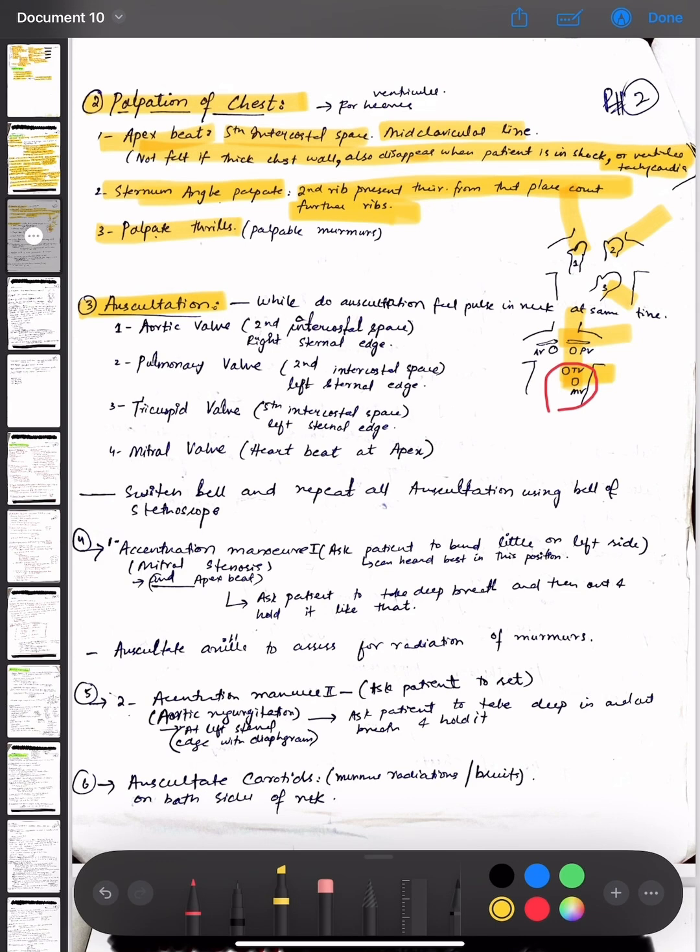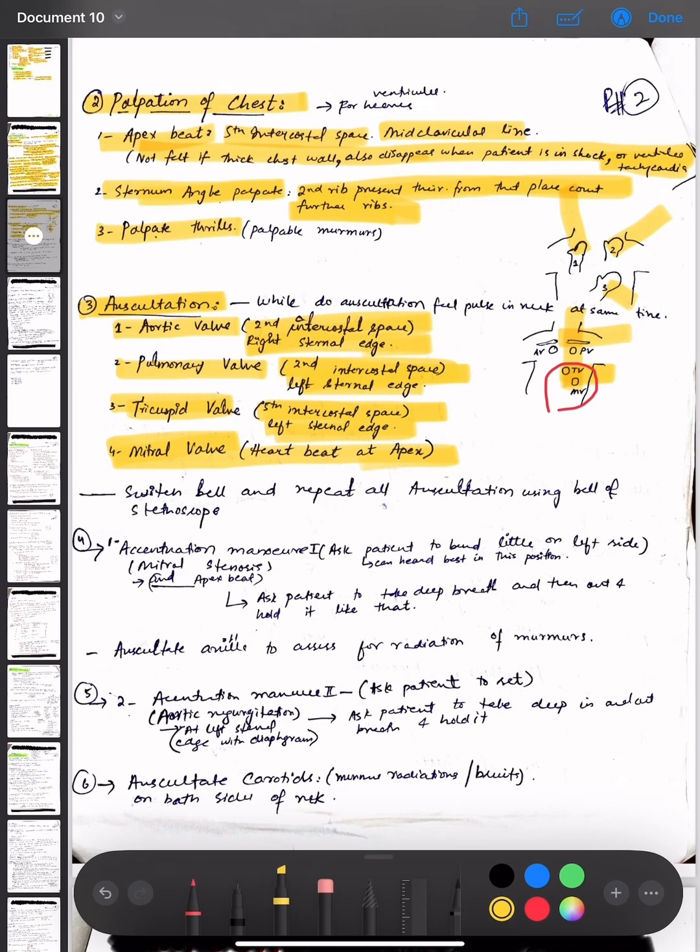For the aortic valve, the second intercostal space at the right sternal edge. For the pulmonary valve, the second intercostal space and left sternal edge. For the tricuspid valve, the fifth intercostal space and left sternal edge. For the mitral valve, the heartbeat at the apex.